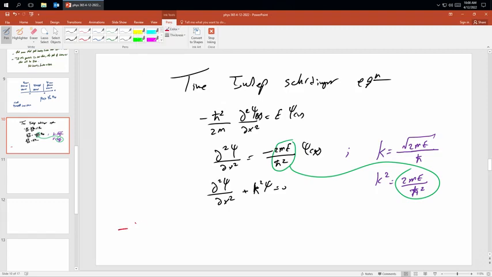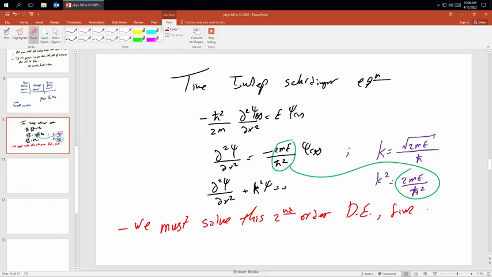Now, we must solve this second order differential equation. And when we do, we find all the psi values, every value psi can take to satisfy this equation.